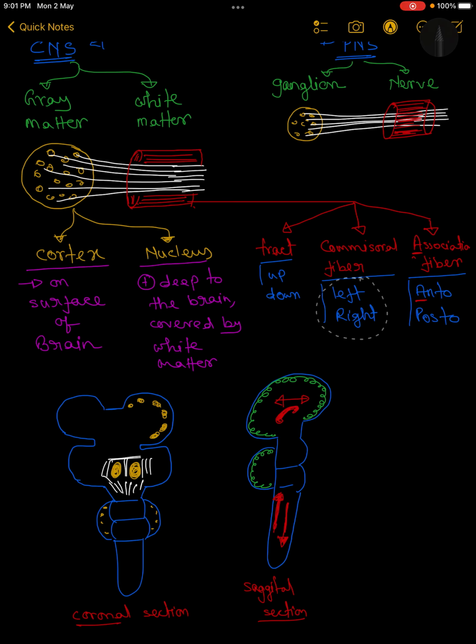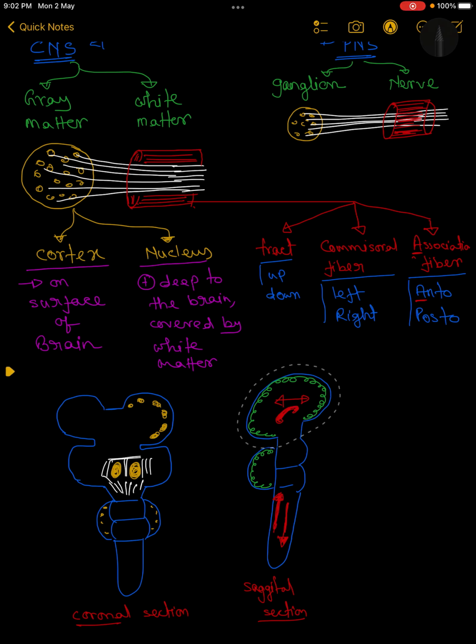How do we visualize this? There is a structure known as the corpus callosum. As we know from very early on, it connects the two hemispheres, left and right. So just visualize it connecting the left and right hemispheres.